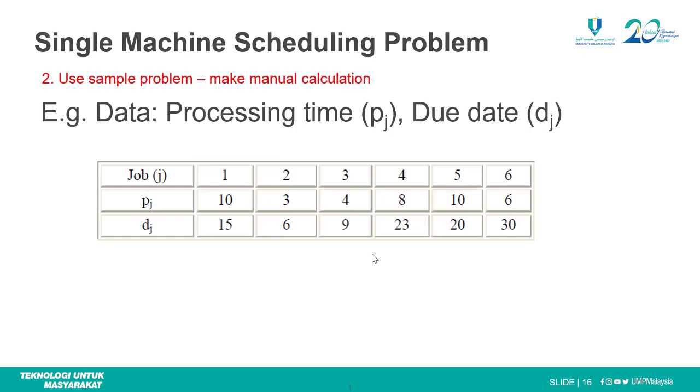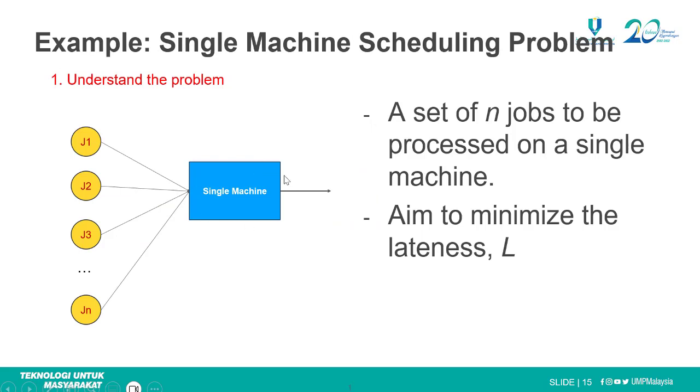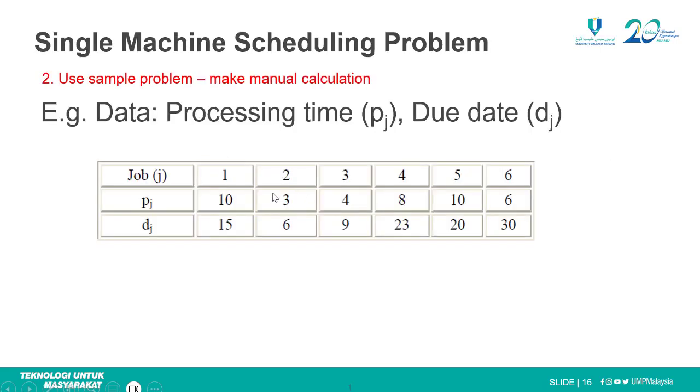Then the second step is we try to use a sample problem and make manual calculation. For example, we have data here which consists of jobs J1 until J6. So that means we have 6 jobs to be processed on a single machine here. PJ is the processing time, so processing time for job number 1, 2 until 6.